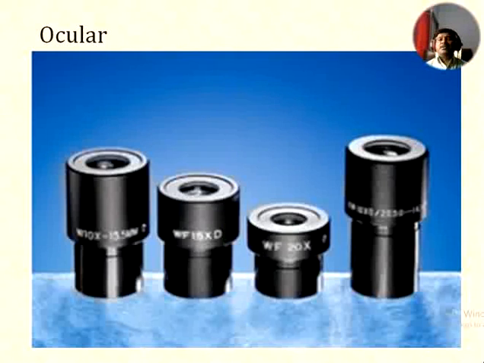There are different types of ocular lenses. The smallest magnification of the ocular lens is 5x, then 10x, 15x, 20x, and in some cases 25x. These are the ocular lenses used in the compound microscope.